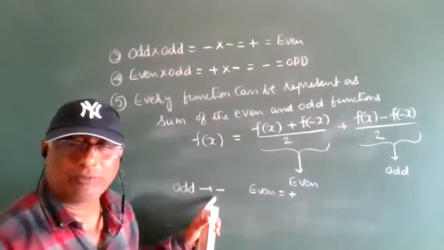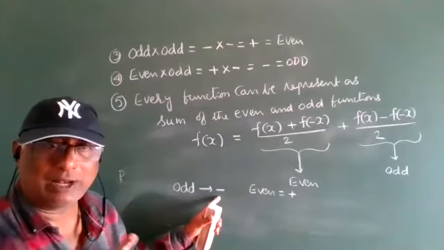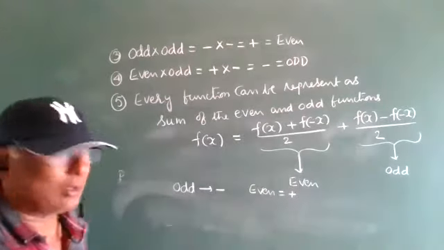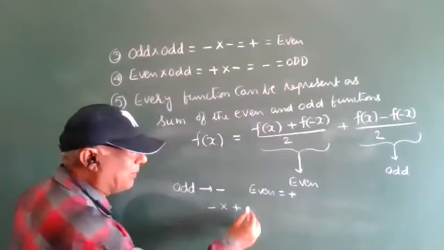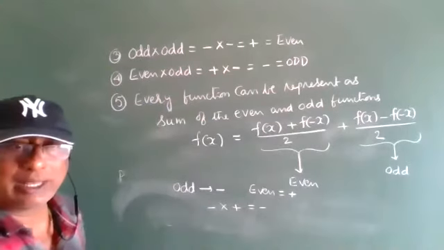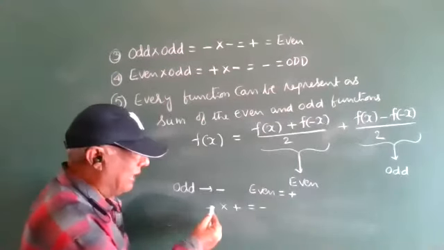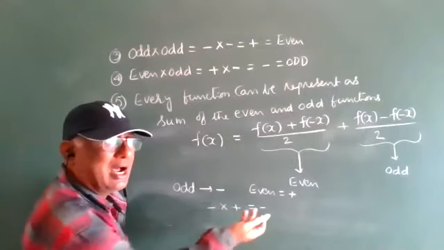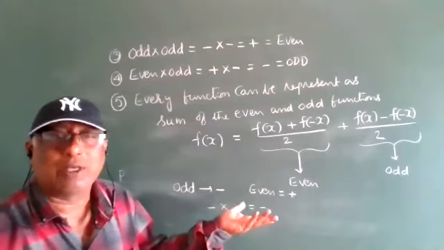Odd is negative, even is positive. So negative into positive, what is the value? Negative into positive is negative, which means odd. Odd into even is an odd function.